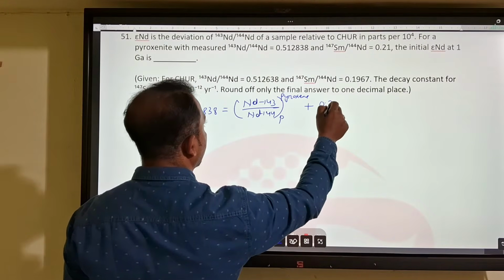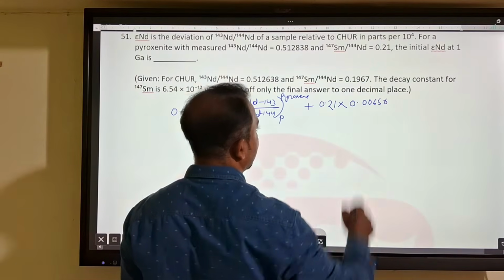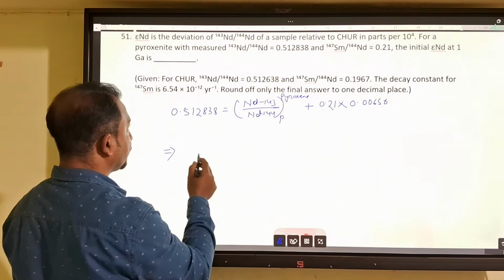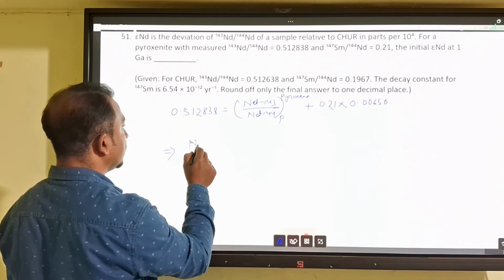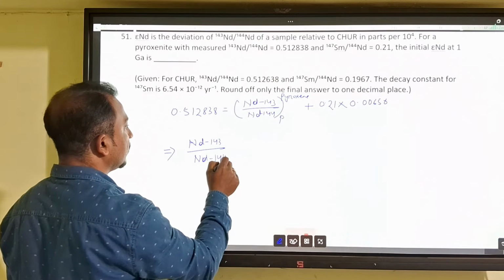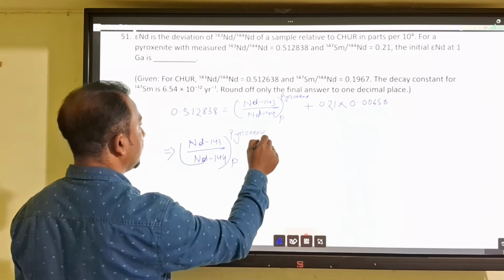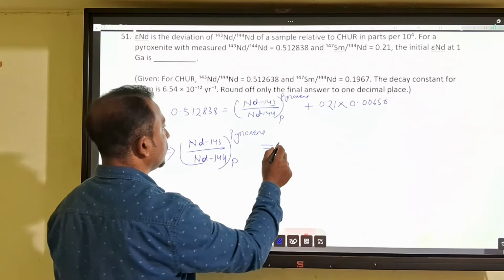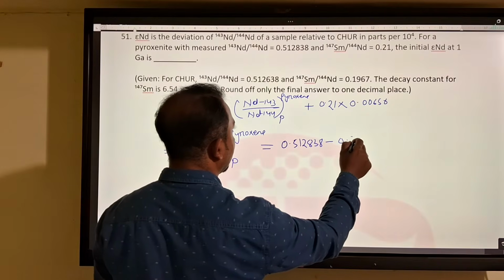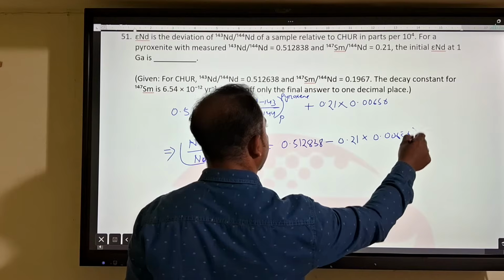Plus 0.21 into 0.00656, which is the value of e to the power lambda t minus 1. So Nd 143 divided by Nd 144 initial for pyroxene, that is the value of the sample, will be 0.512838 minus 0.21 into 0.00656.